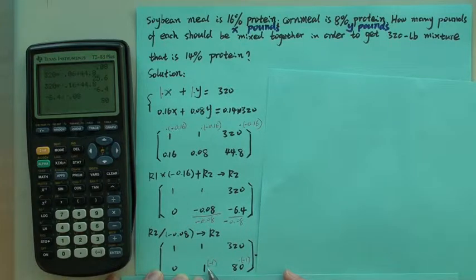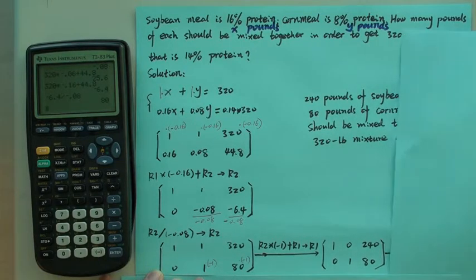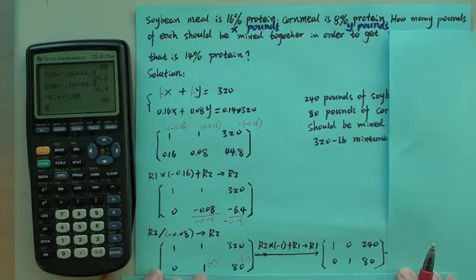So we multiply every element in row 2 by negative 1, and then we add to row 1, which is going to cancel that. 1 times negative 1 is negative 1, add on that, we have a 0.